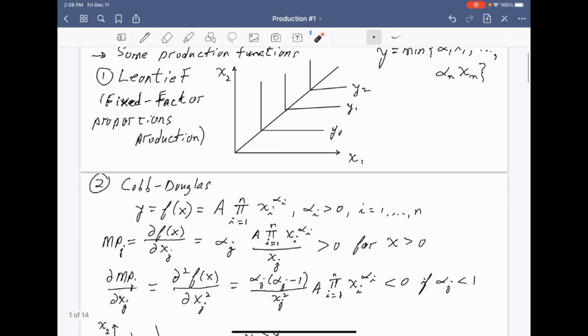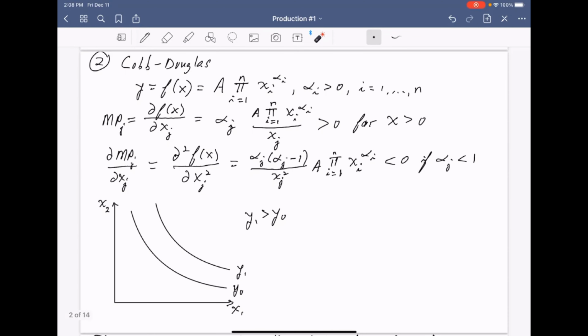The more common one that we know is the Cobb-Douglas production function, which is given by y as a function of x, where we have some constant a, and we multiply x1 to the alpha 1, x2 to the alpha 2, etc., where all the alphas are greater than 0, and we have n inputs.